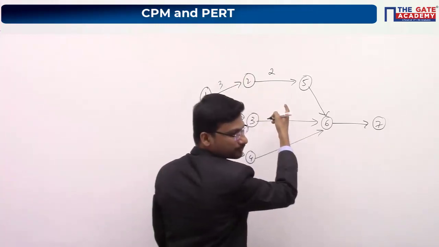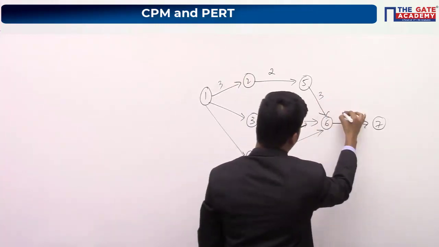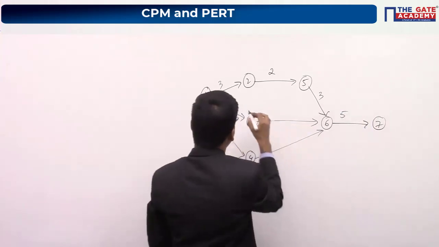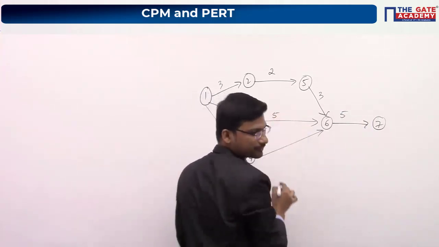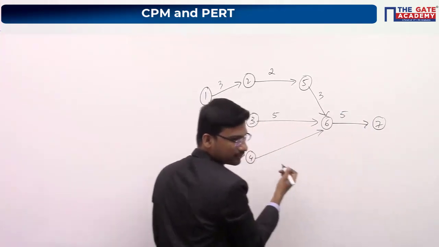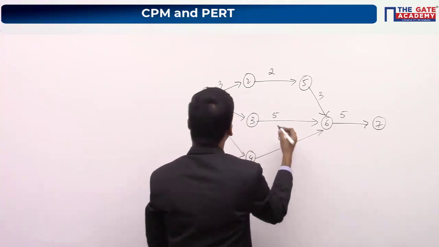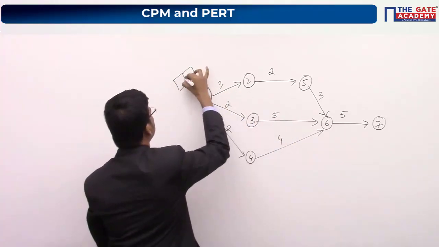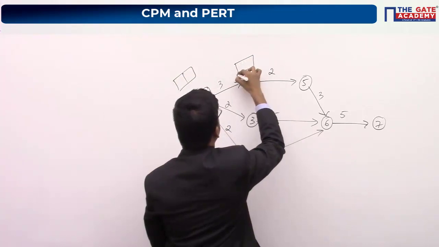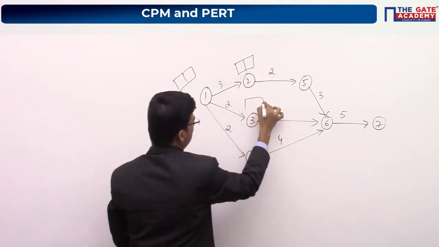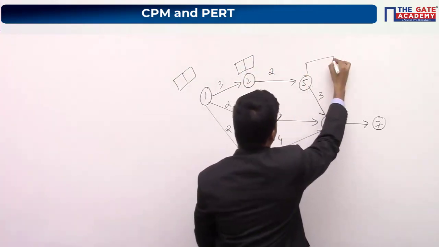So this is 3, 2 and 3, 5, 2, this will be 5 and this is also 5 and this is 2, 4. Same representation I am taking: earliest start, latest start, earliest finish, latest finish. Same notation I am taking here.